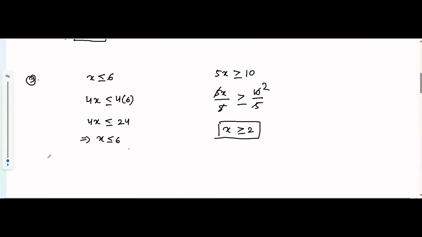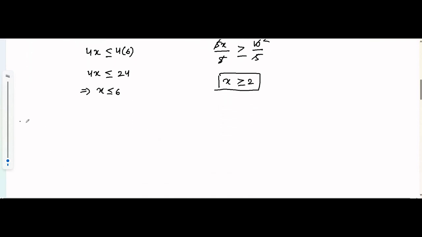Now the fourth rule, which is very important. Here we'll take the same situation, x is less than or equal to 6. Same example we have taken. In this case we'll multiply the same negative number on both sides. Let's say we multiplied -4 on both sides, -4 into 6.